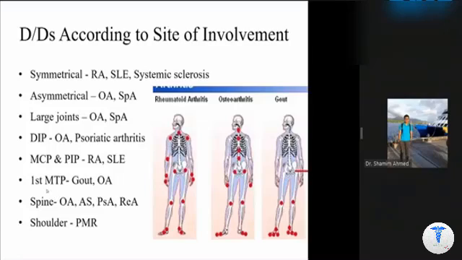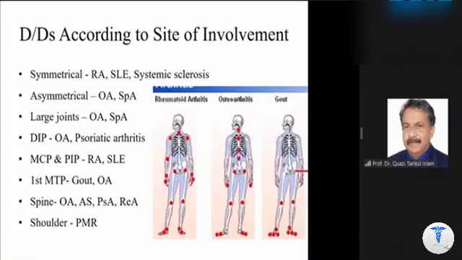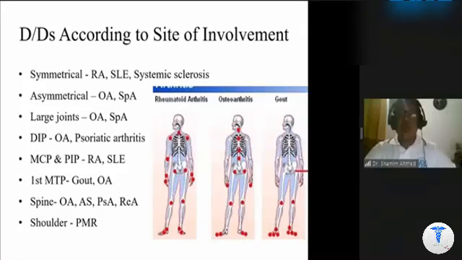First metatarsophalangeal involvement is the typical presentation of gout. With spinal pain, it may be osteoarthritis, ankylosing spondylitis, psoriatic arthritis, and reactive arthritis. Fibromyalgia rheumatica may sometimes present with shoulder pain. Sometimes the patient may present with migratory arthritis.